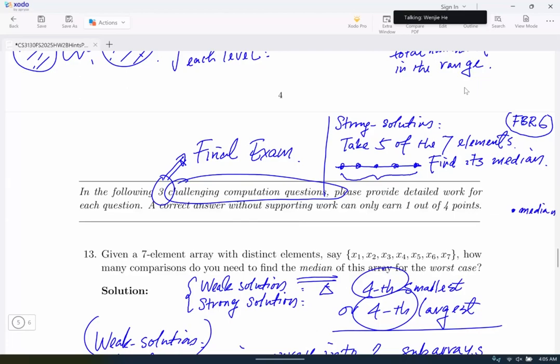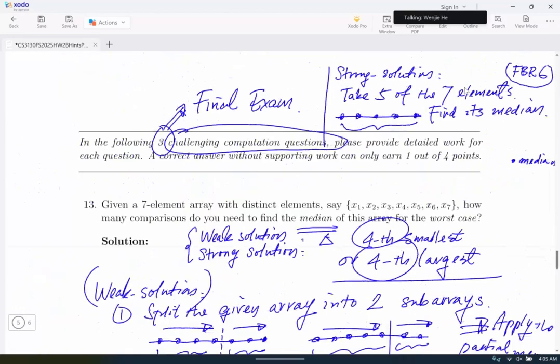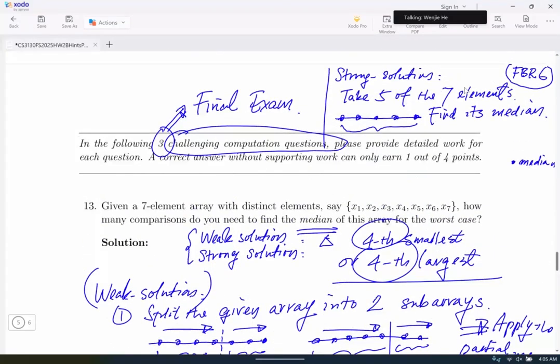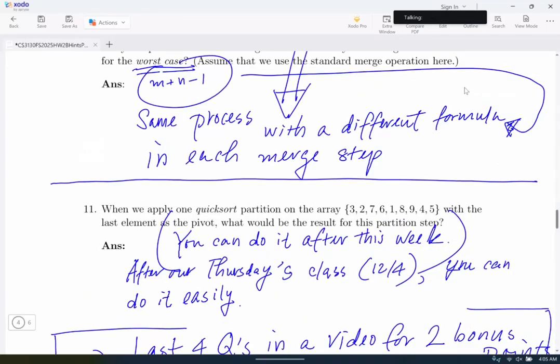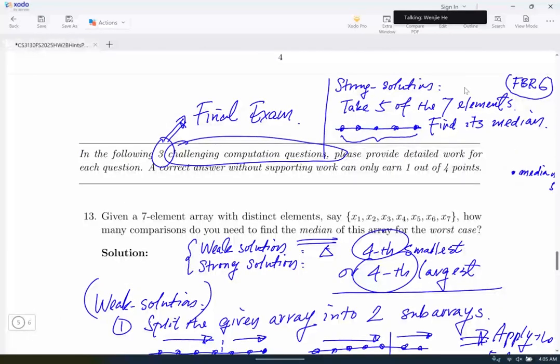But this is not the final median. The median of 5. Anyway, let me write in the space. Oh, what's wrong? I want to erase it, but I cannot erase.